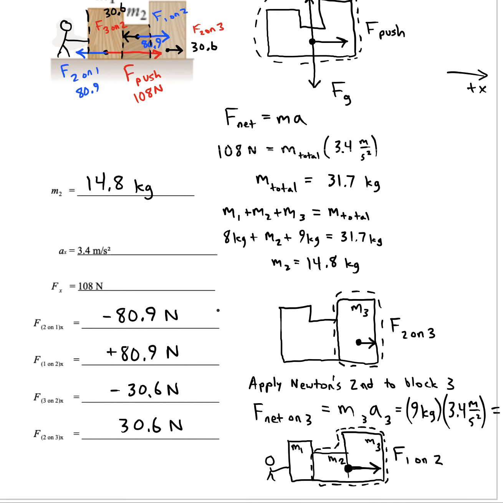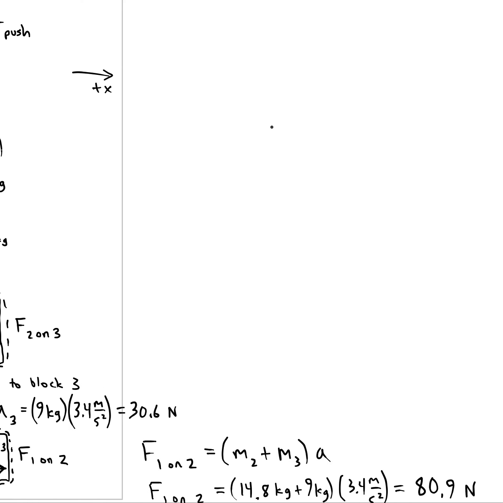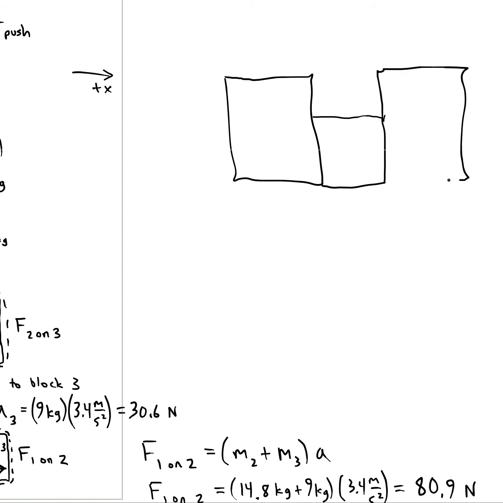So to explain that, what I mean is a normal force is just between any two surfaces. And so the normal force at this junction between the person's hands and the block is a large force, 108 newtons, between these surfaces.